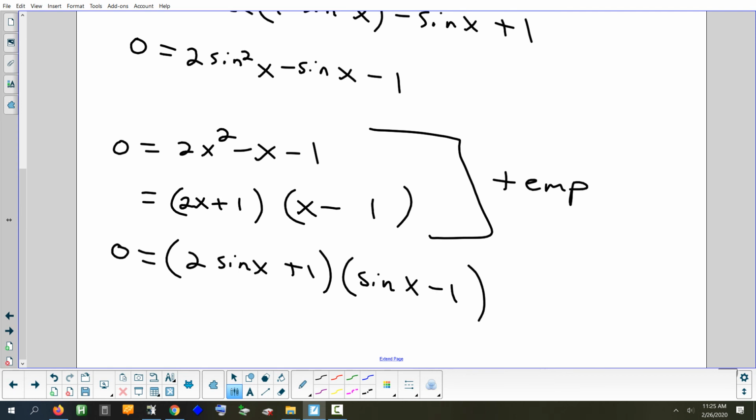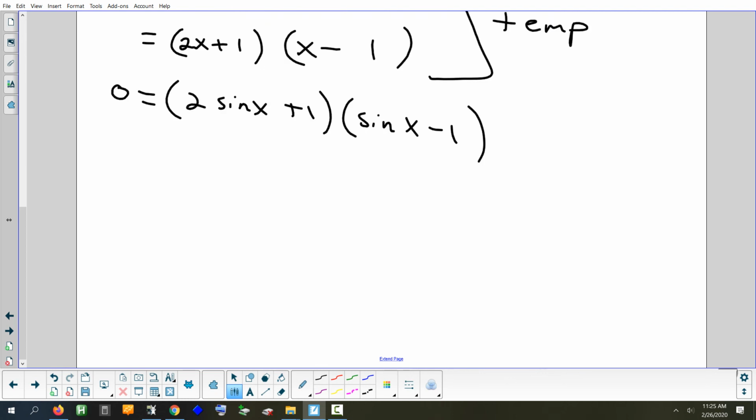Now you're at the step that all the homework problems were. We have 2 factors equal to 0. Chris, what do I do with each factor? Yeah, set each factor equal to 0.